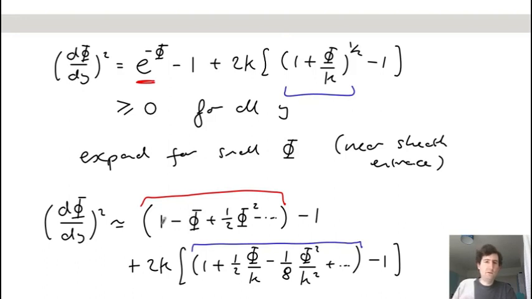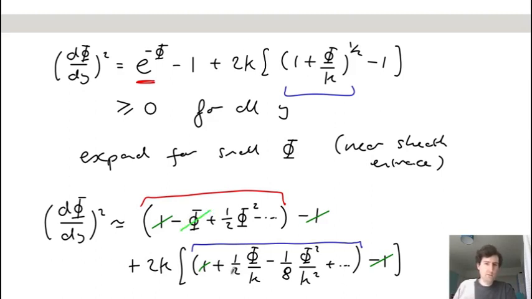So here we just find that the zero order expansions, the ones here, all cancel. And as to the first order terms, you have minus phi here, and that cancels with this, so you have a half, 1 over 2k, cancel with 2k, so here we just have a plus phi, and so these terms all cancel.